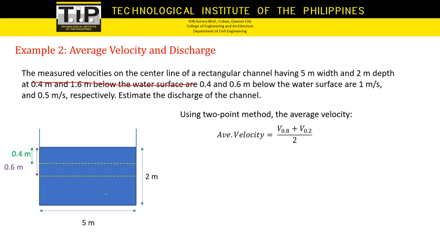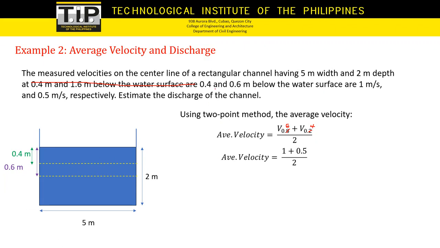Okay, so to find the discharge, you will need the area and the velocity. First, computing for velocity: this would be 0.6, and this would be 0.4.